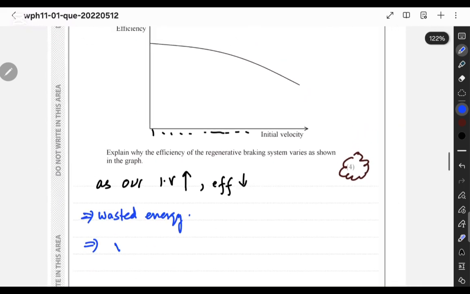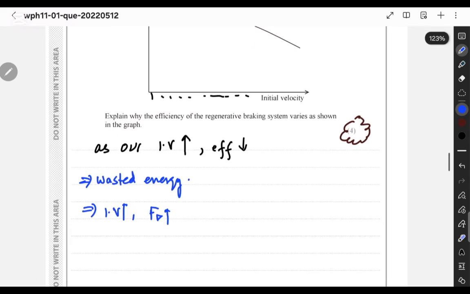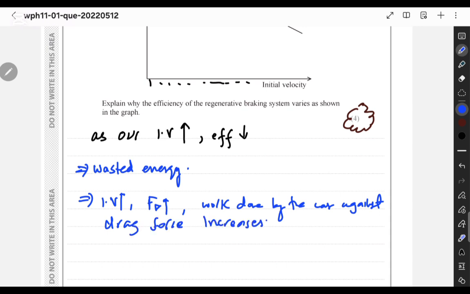Before I mention that, let me just mention one point. When our initial velocity is greater, our drag force is more, as the car moves through the air. That's what the connection was. And because the drag force is more, the work done by the car against drag force increases. So before, the car had one job, that was to just stop.